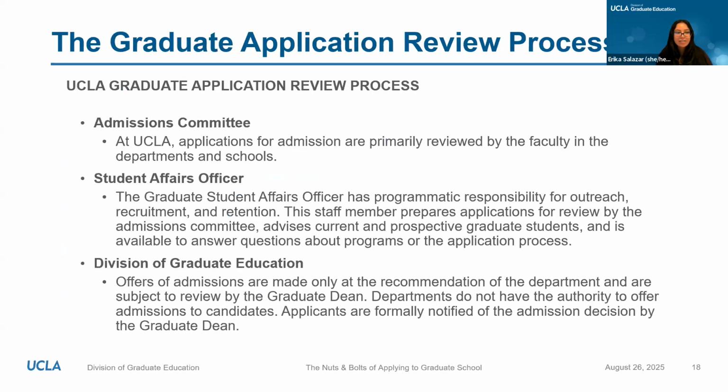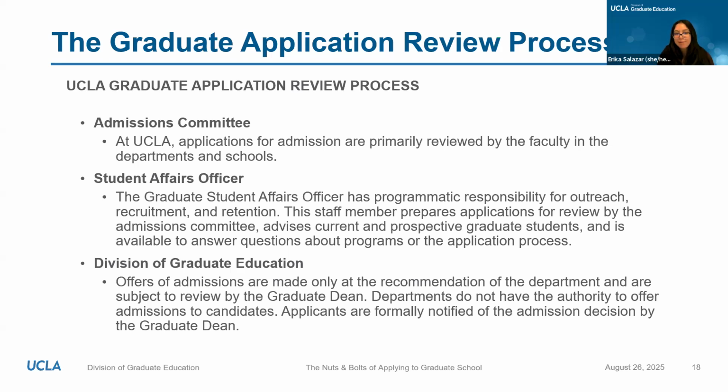So, the graduate application review process. As I talked about earlier, our office, Recruitment, Outreach, and Admissions, does not review applications. On the contrary, we here at UCLA give our graduate departments a little bit more power in choosing the students for their graduate programs. So what graduate programs typically do here at UCLA is put together an admissions committee.